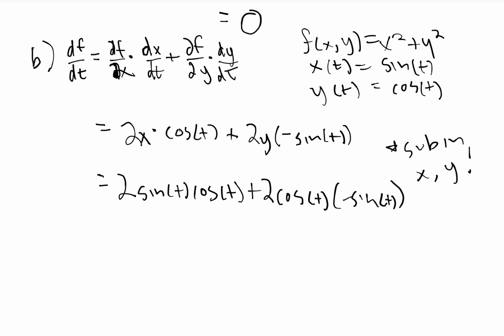So here's the rub. I mentioned before you should expect to get the same thing both times. Well, we've got a positive sine t cosine t term, and a negative sine t cosine t term. So both of those cancel out, and we get the same 0 that we got in part A.